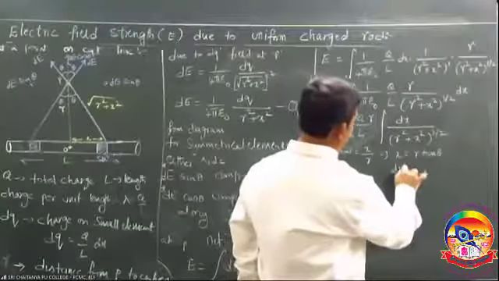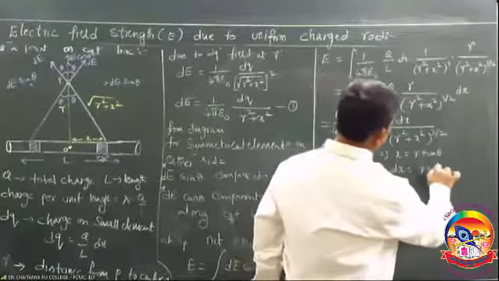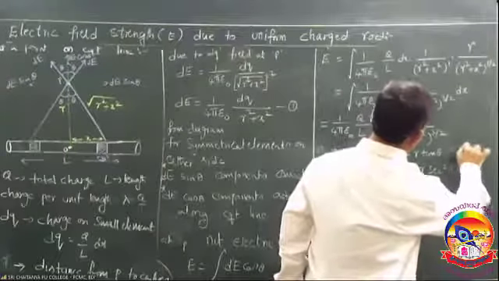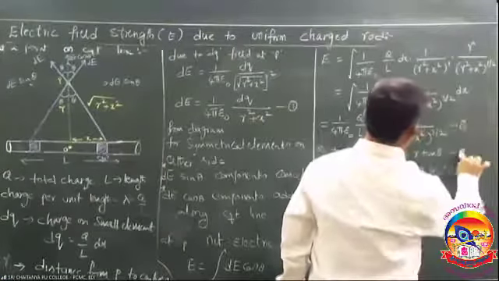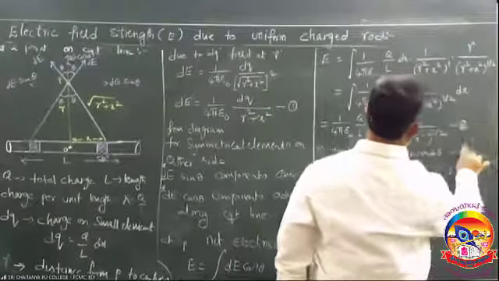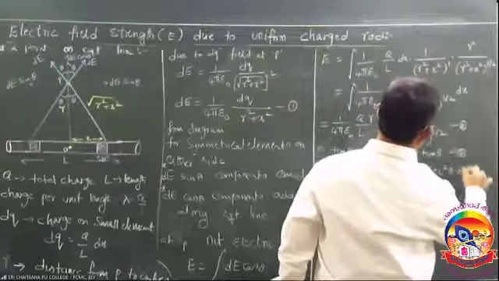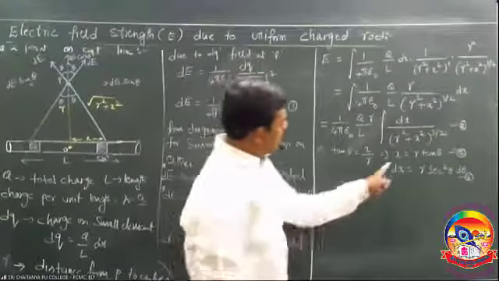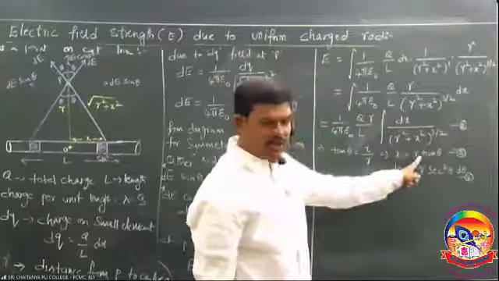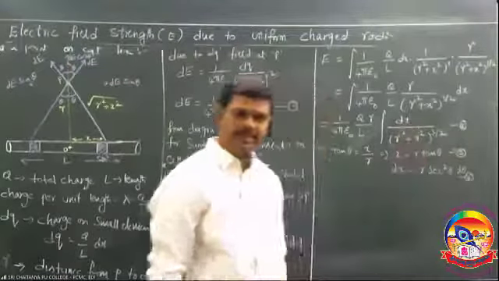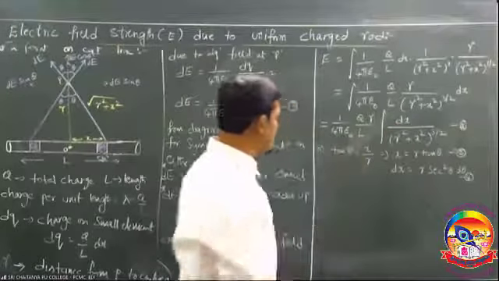Then dx is equal to r secant square theta d theta. Now we got x in terms of r and theta, and dx in terms of r and theta. Substitute this in this equation.